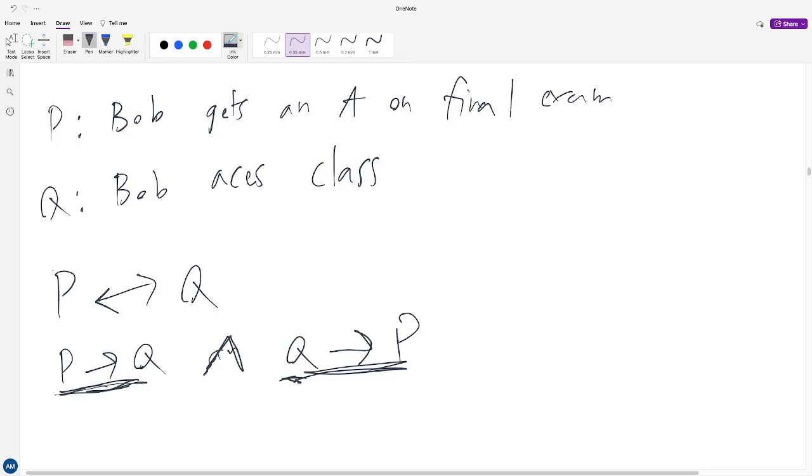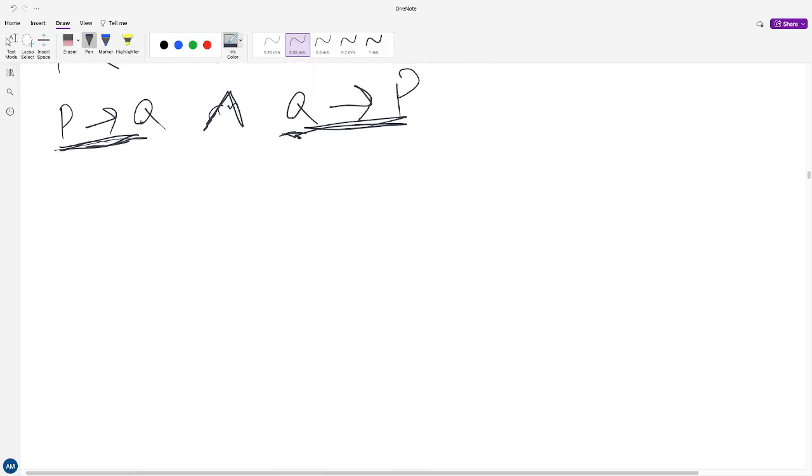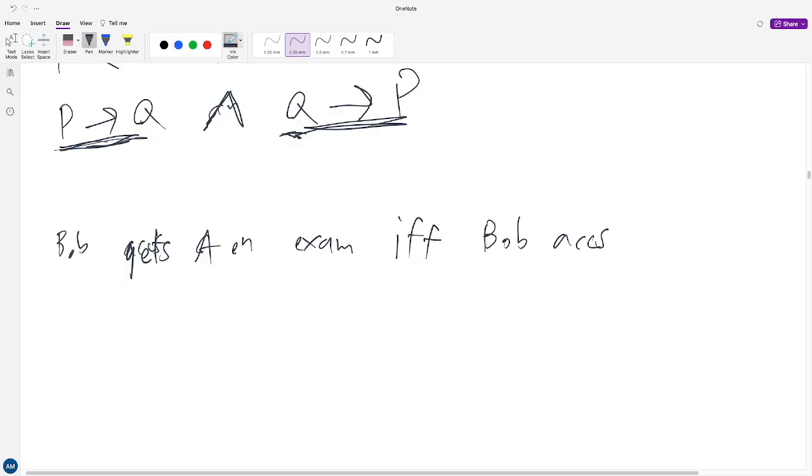So all this time I've been saying the phrase exactly when. From now on, now that we have this biconditional statement, I'm going to start saying if and only if. So, Bob gets an A on his exam if and only if Bob aces class.